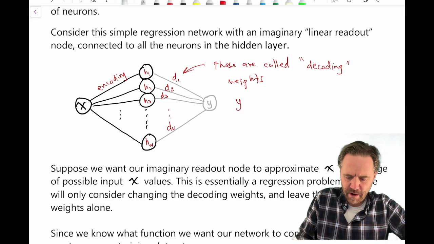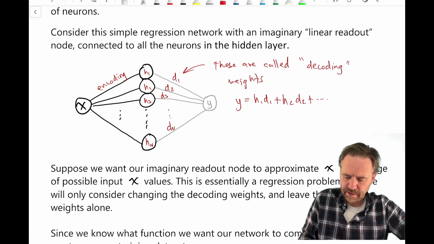And we have Y equals H1 D1 plus H2 D2 plus dot dot dot plus HN DN.